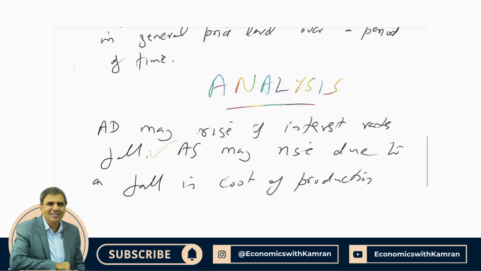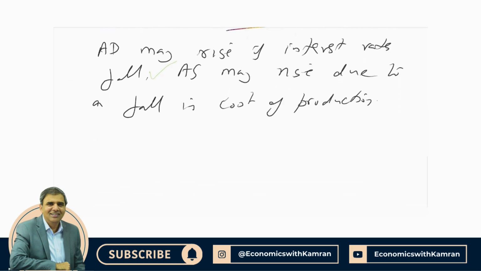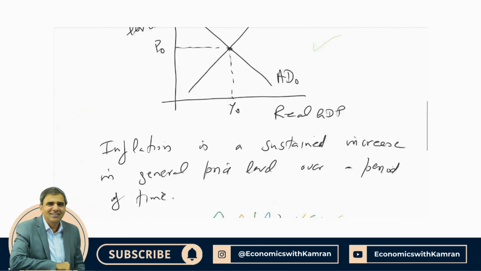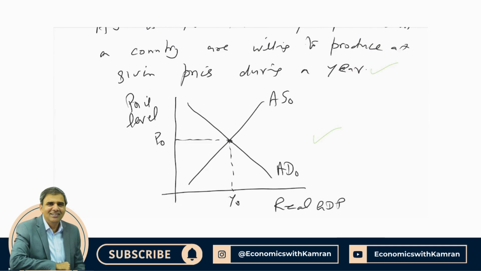So we have identified the reasons, and what we can do is make two separate diagrams. Let me create some space here. The diagram we have already made could be diagram 1, and this is diagram 2.